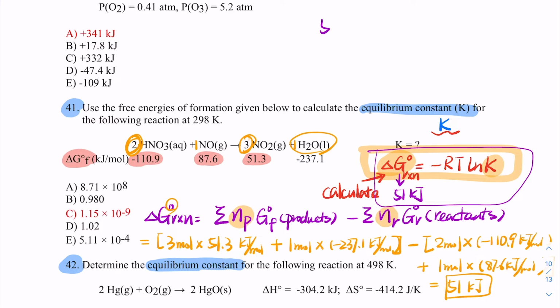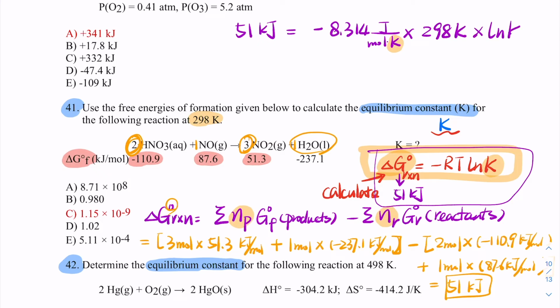So now we know 51 kilojoule equals negative R. We're going to use 8.314, because the units are convenient for us. And since we're using this value, we know it's Kelvin, so we need the temperature in Kelvin. The temperature is over here, 298 K, and then you multiply by ln K.